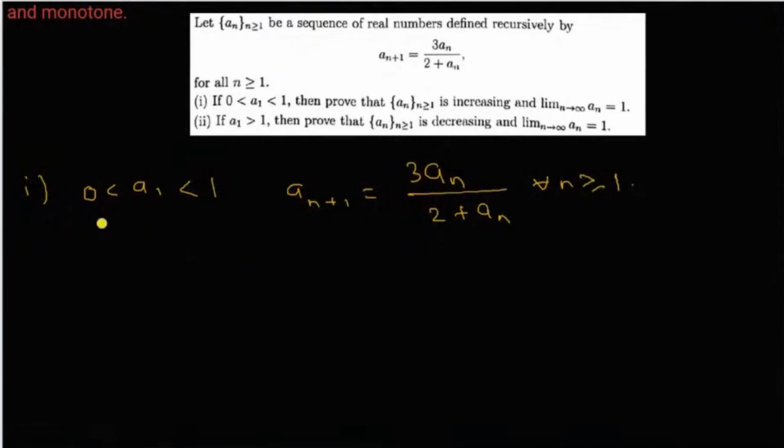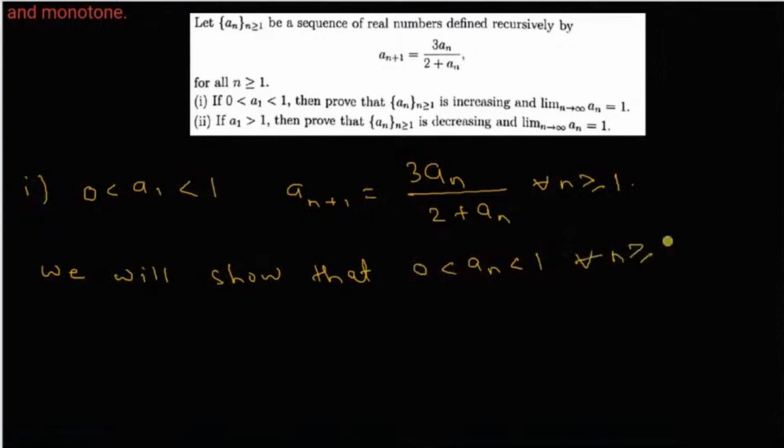First, we will show that 0 less than a_n less than 1 for all n greater than or equal to 1, by induction.